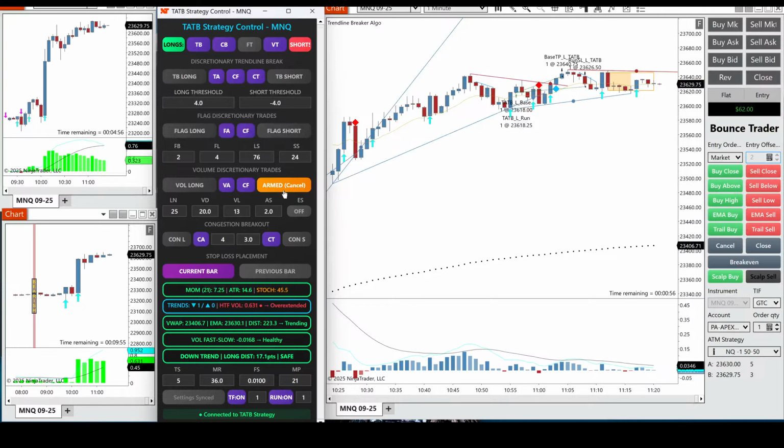I understand everything is green, which tells you we're moving up. But remember, we're only looking for scalps, like 1 minute scalps, 2 minute scalps. So we don't need much.